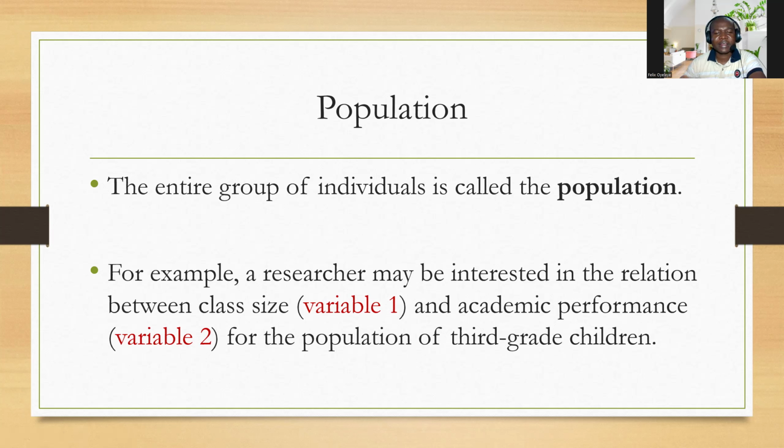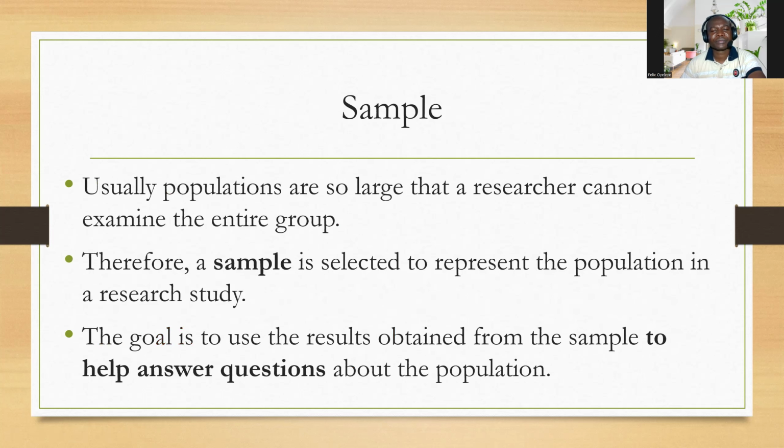And like I said, the researcher may be interested in the relationship between class size, which is one variable, and also academic performance, which is another variable, for a population of third grade students. So essentially, we're studying the interaction between variables, how one variable affects the other.